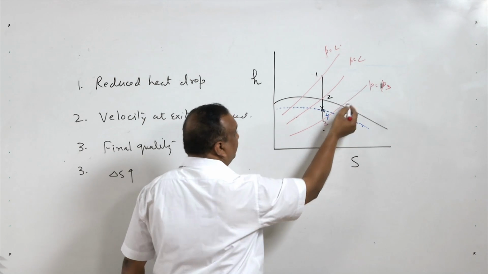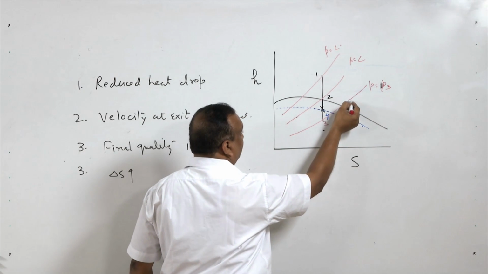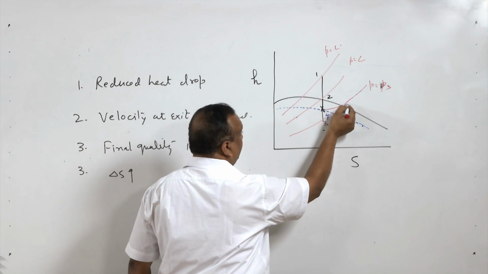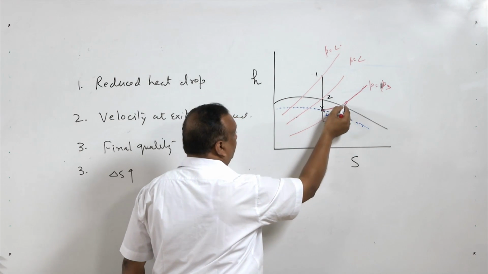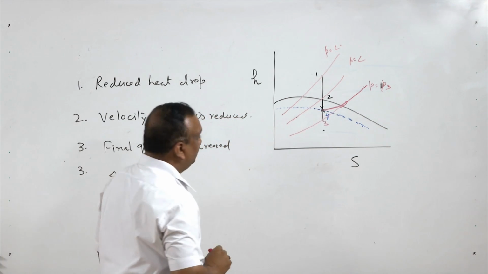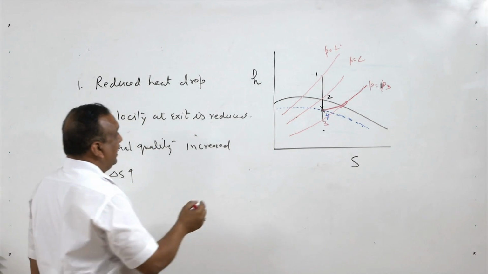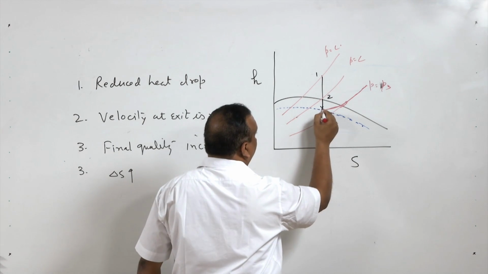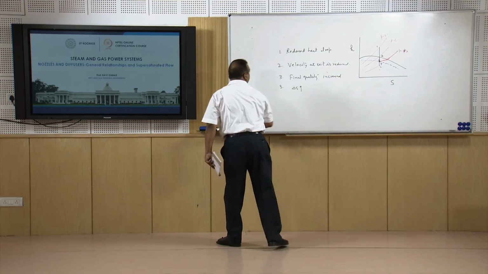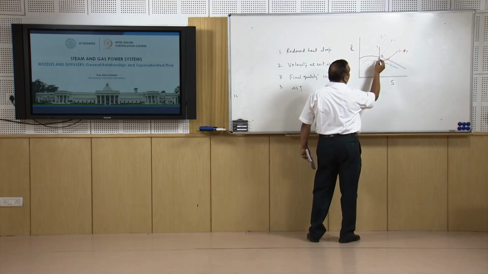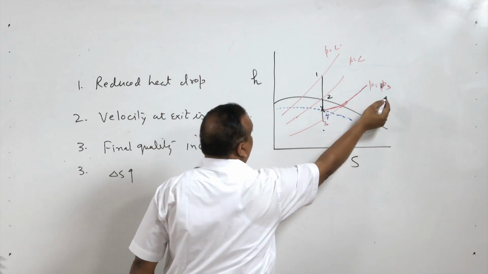Now, if we extend the curve in this direction, the process will follow this curve. And here the steam or the vapor will be dry and saturated, instead of at state 2, at pressure P3.